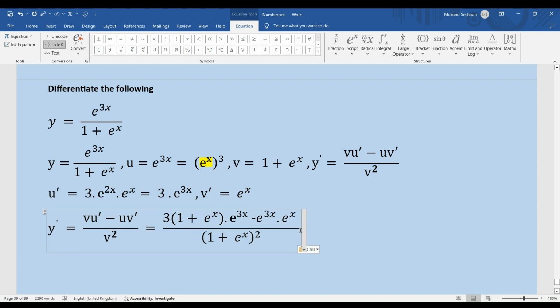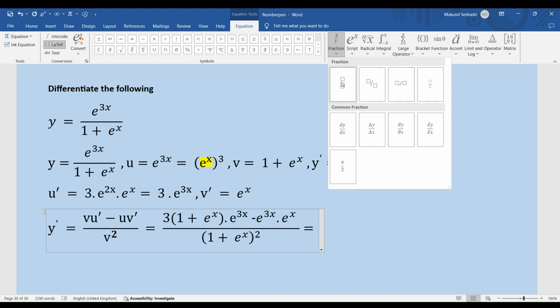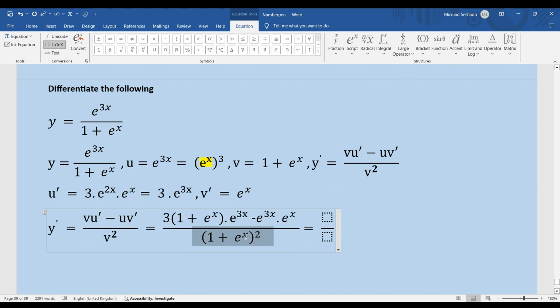So it looks like I can do a little more simplification. So I express it still in u by v format. So my first part becomes 3 plus 3 times e to the power x into e to the power 3x, right? So what is that? 3 times e to the power 3x plus 3 times e to the power 4x, right?